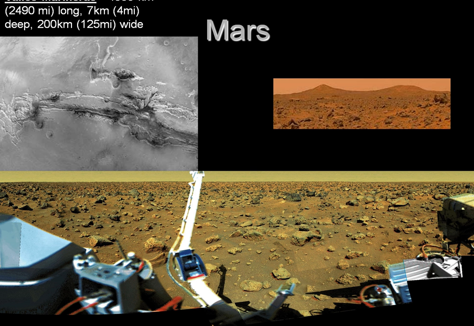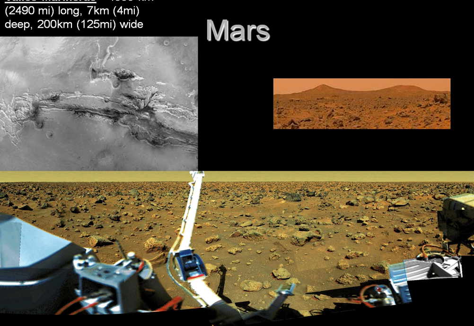Finally, in the terrestrial planets, we have Mars. Mars is much smaller than the Earth, but has some really unique characteristics. It used to have volcanoes, but it has since solidified, so it has no more volcanoes. And it has this incredible canyon along the side of it. It's called Valles Marineris.